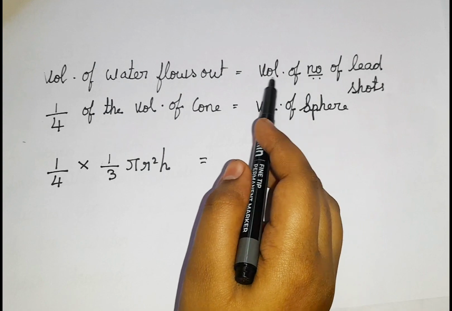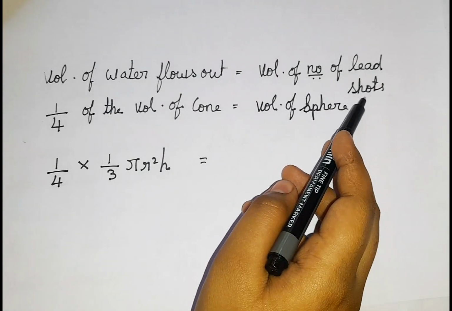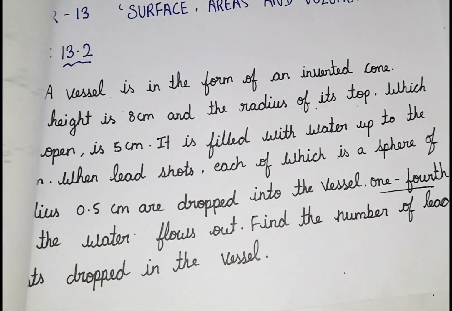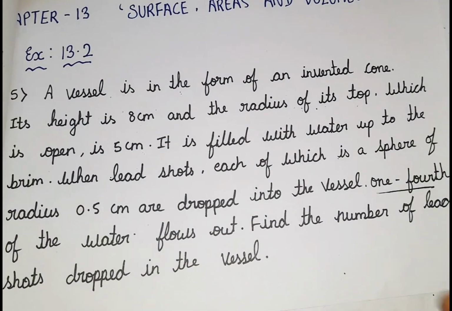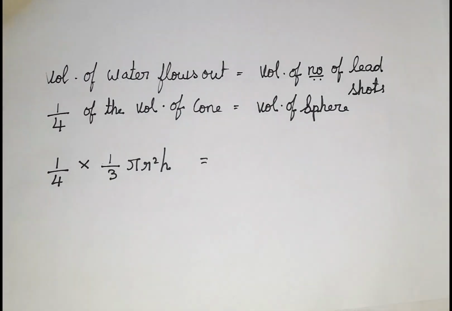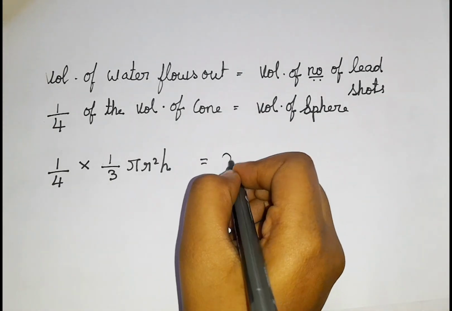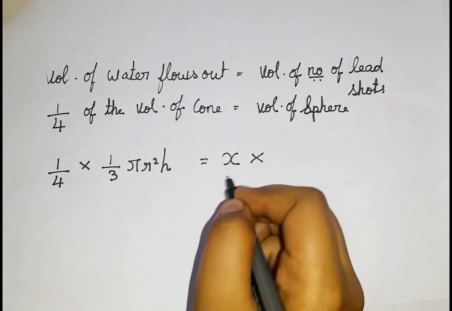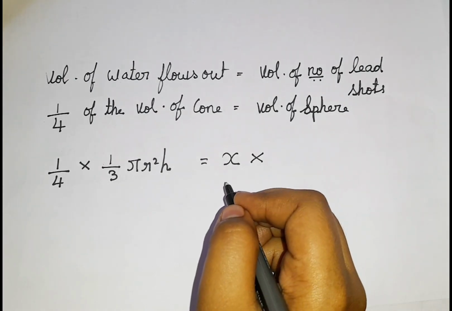Because the lead shots are in the shape of a sphere. What are we supposed to find in the question? We are supposed to find the number of lead shots dropped in the vessel. So let us take the number of lead shots as x, because we want to know how many lead shots we are dropping inside the vessel.